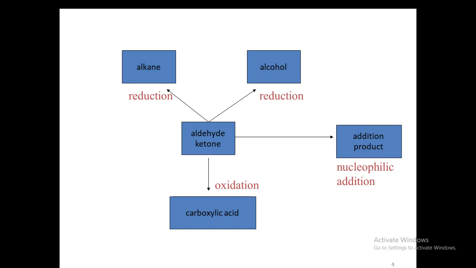While discussing the chemical properties, you have to know what are the major products that are obtained from aldehyde and ketone. Sometimes the question is asked, starting from aldehyde, how are the following compounds obtained. Starting from aldehydes, starting from ketones, how are the following compounds obtained.